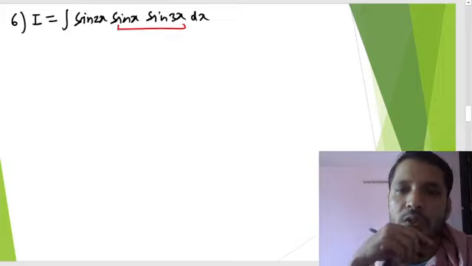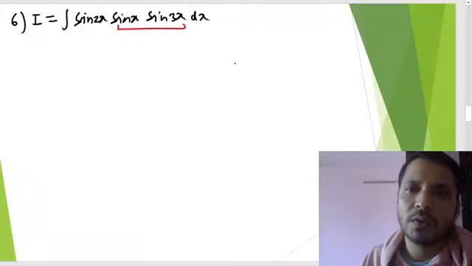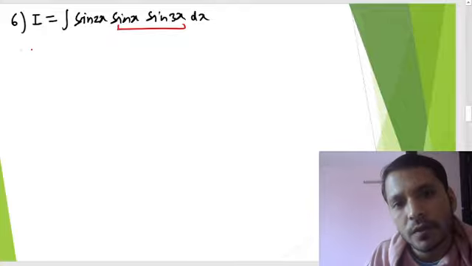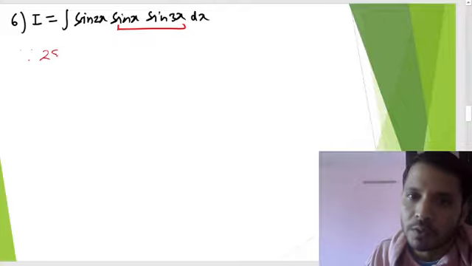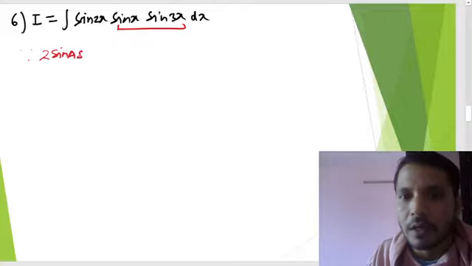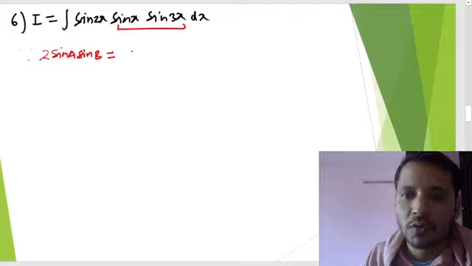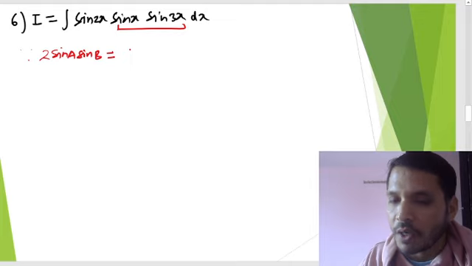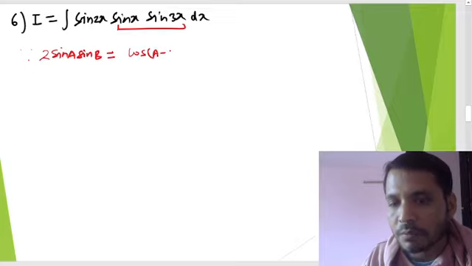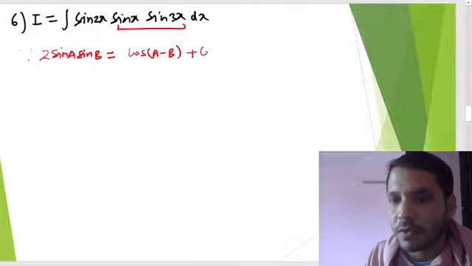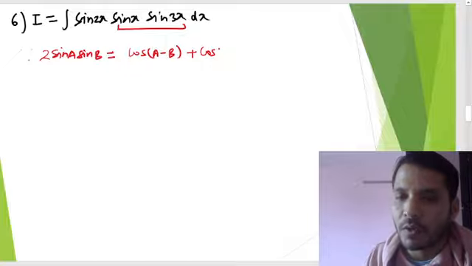We know that 2 sine a into sine b is equal to, in terms of cos only, cos of a minus b, and then since here sine terms come, minus cos of a plus b.